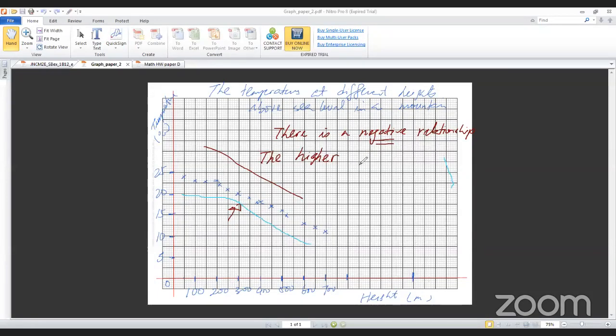The higher the height above sea level, the lower the temperature in the mountain.